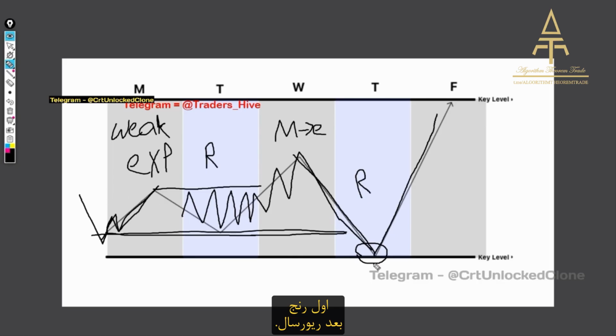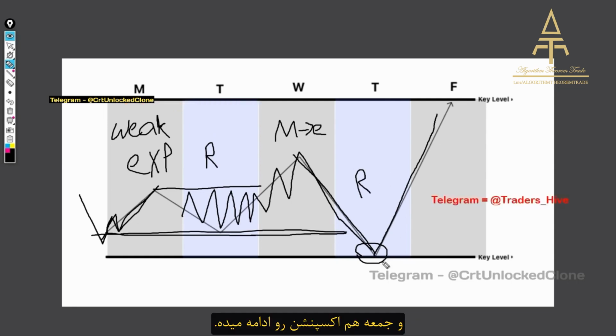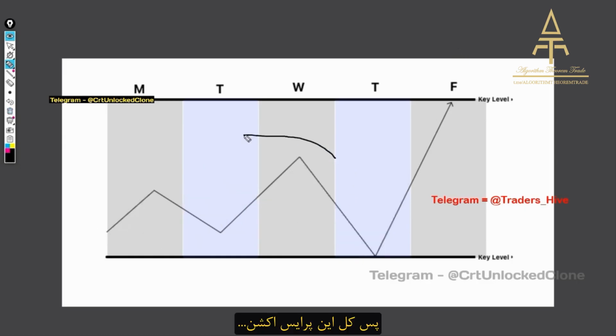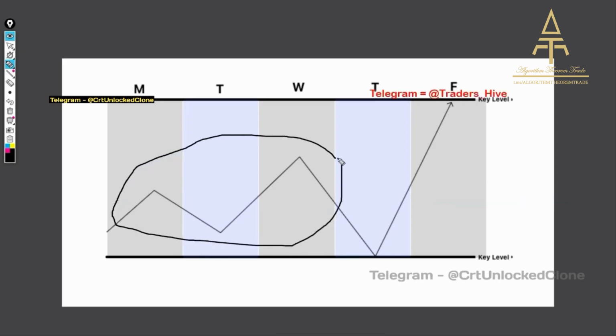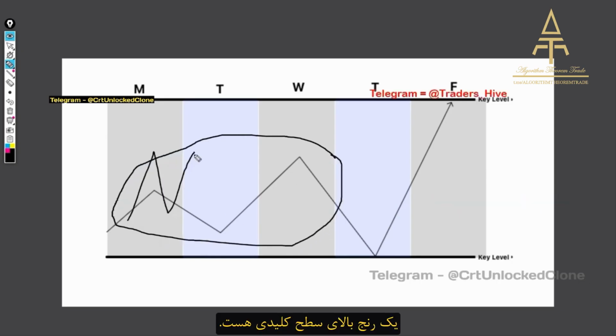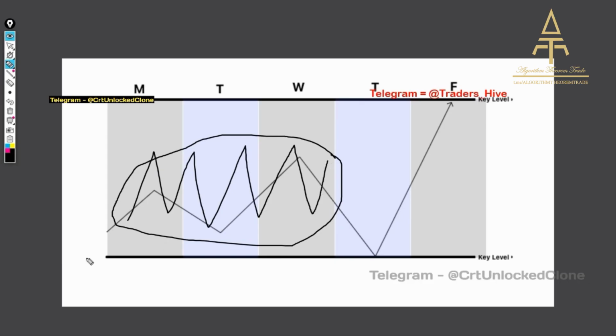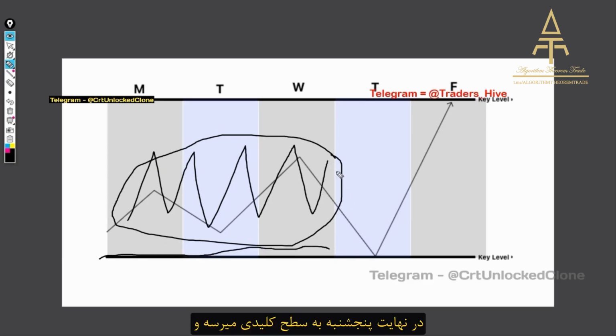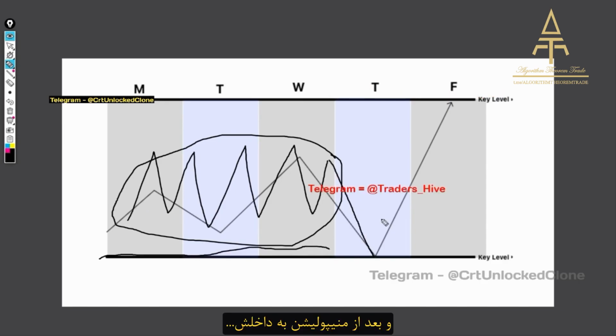Range to reversal. And Thursday expands up with the reversal. Friday continues the expansion. So this entire price action right here is a range above a key level. This is the key level. Finally, Thursday manipulates, hits the key level, right? After a range above a key level, we manipulate into the key level and we expand off of the key level to an opposing drawn liquidity.